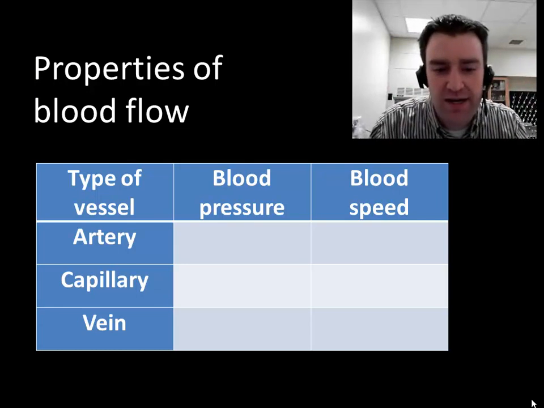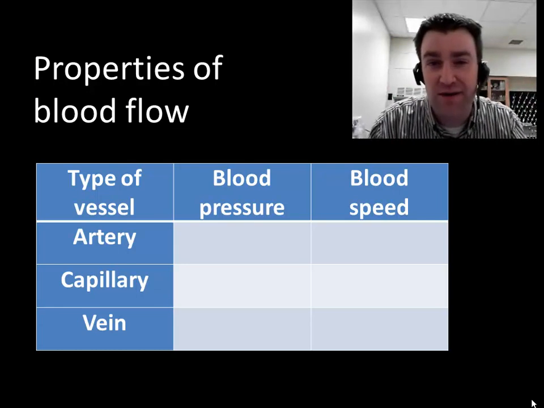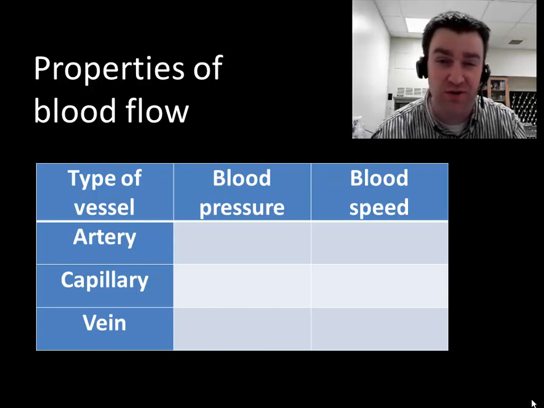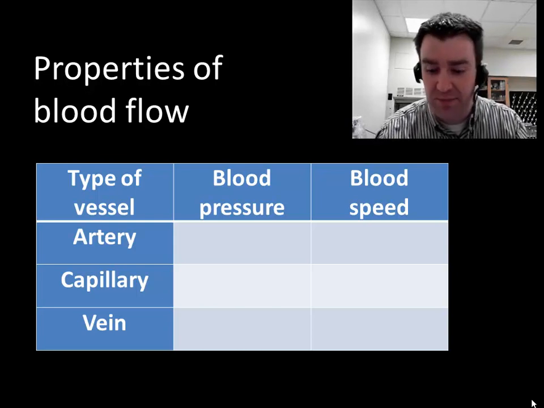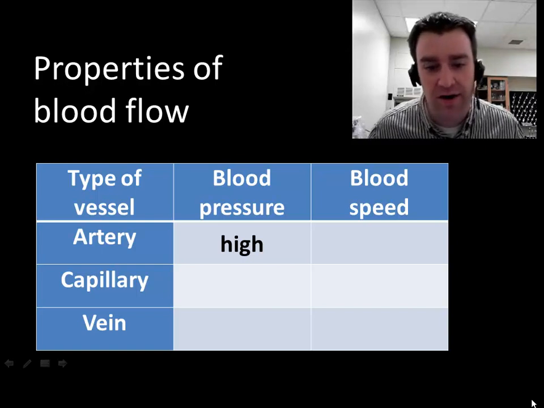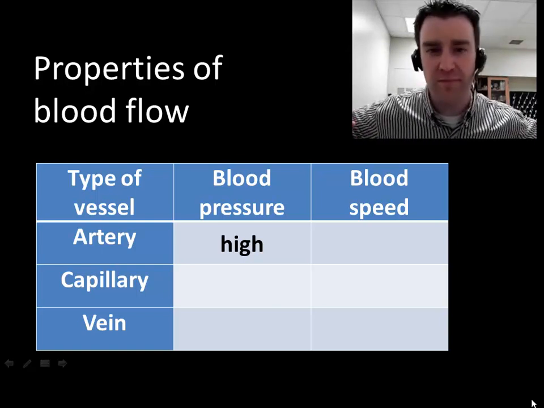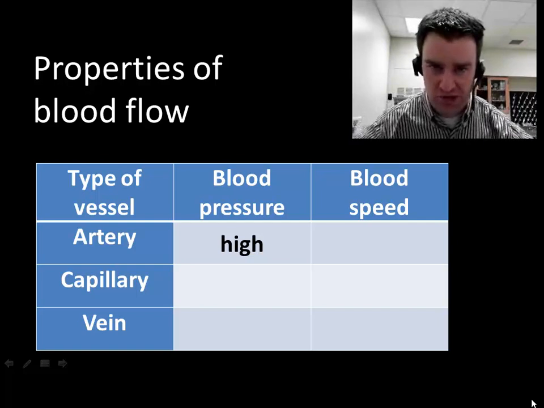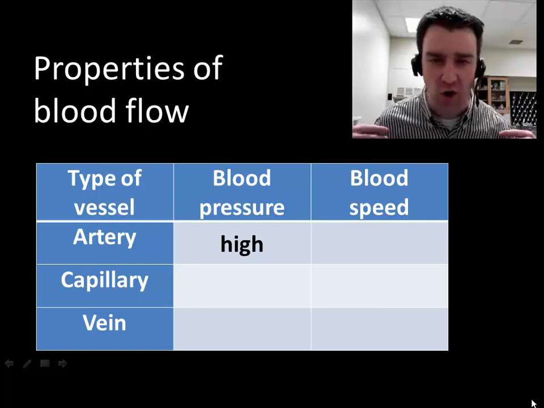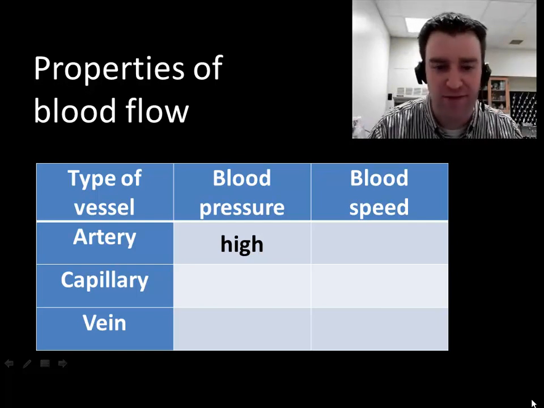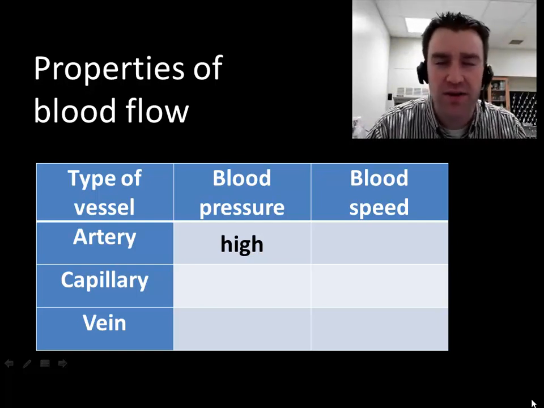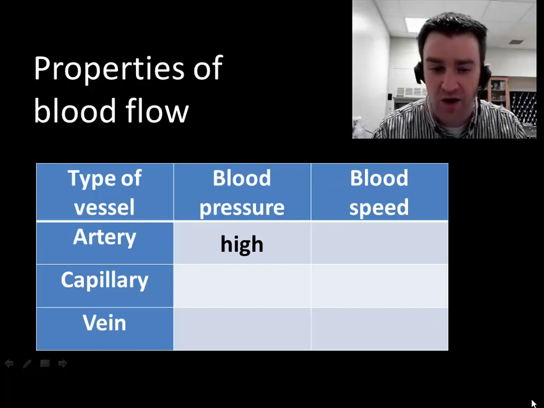And that's why doctors are going to be really concerned about blood pressure as a basic measure of your health. As it turns out, blood pressure is always going to be highest in the areas that are closest to the heart's push. So when the major chambers of your heart push blood out of them, it's arteries that are going to be receiving all of that. So that's why the pressure is going to be highest in the arteries.